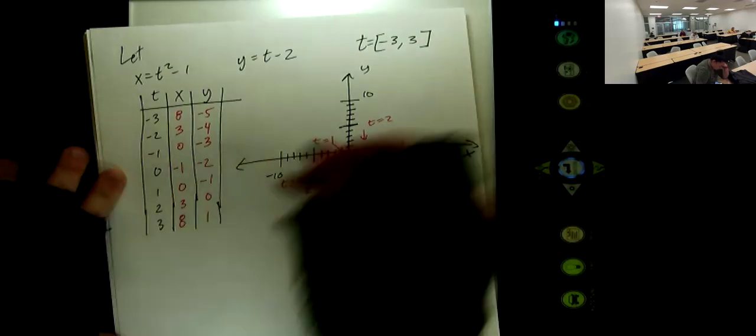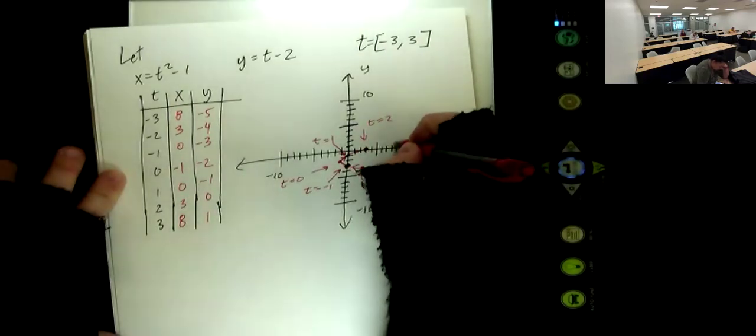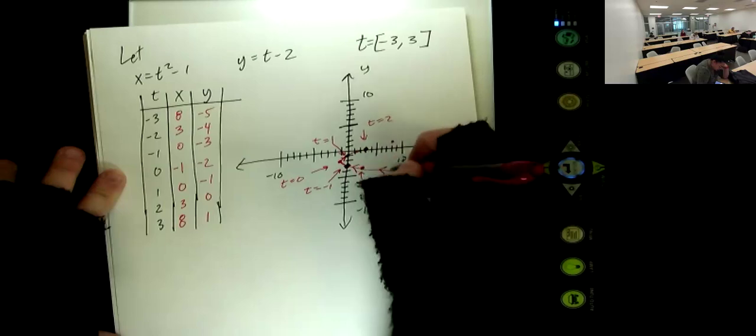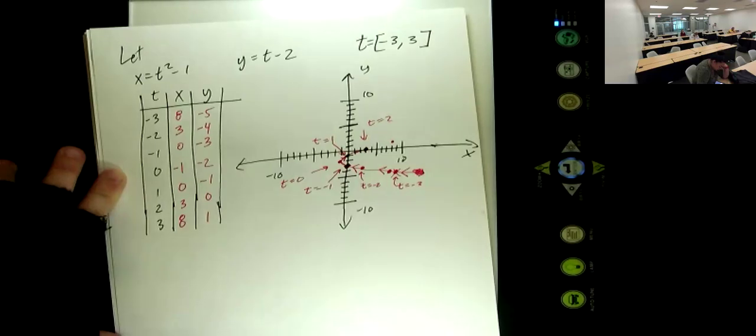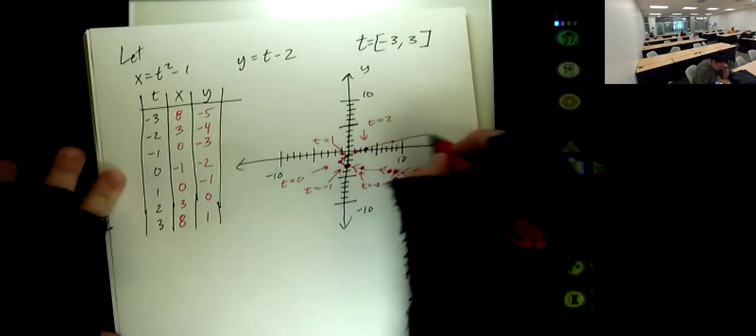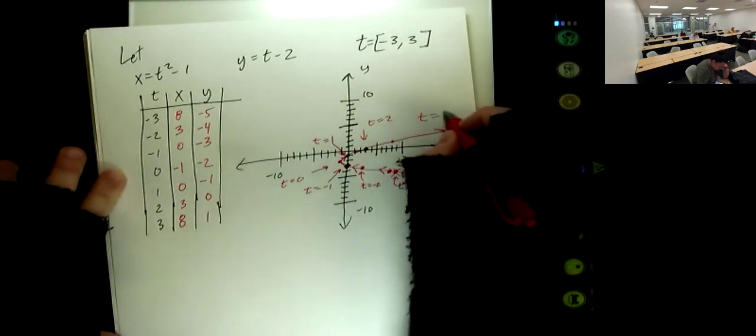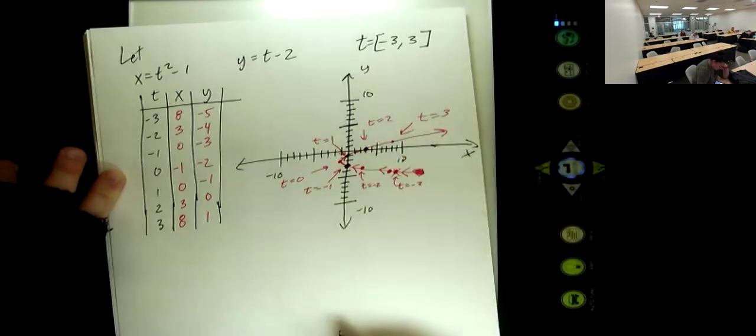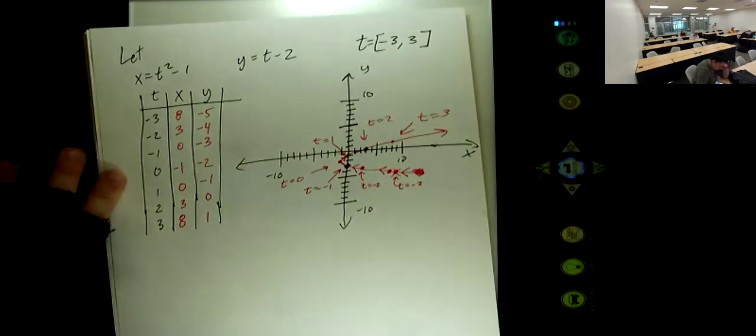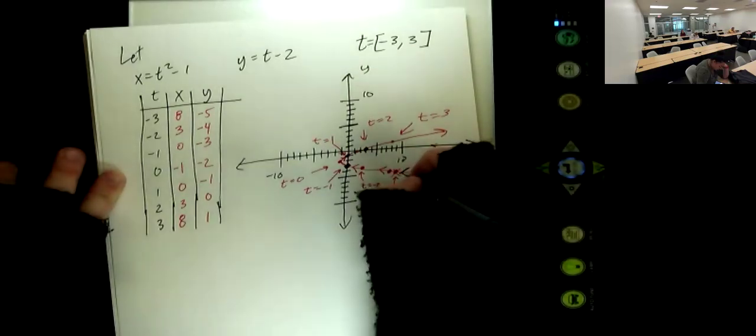And at t equals 3, I'm at 8, 1. I think I have my point off a little bit. This should have been over here. This is definitely going one way.